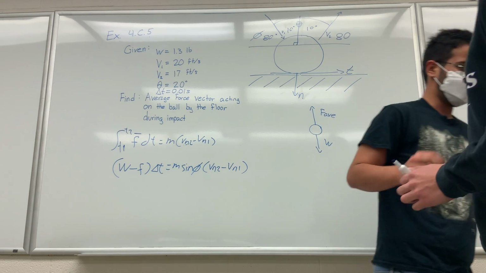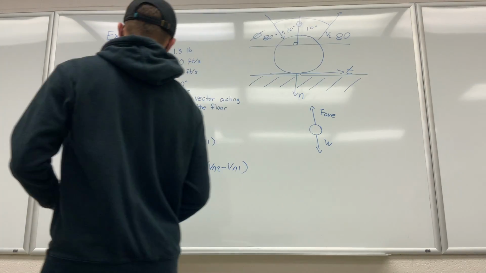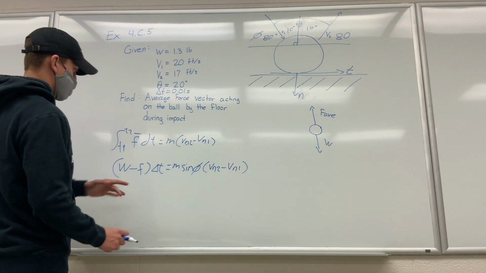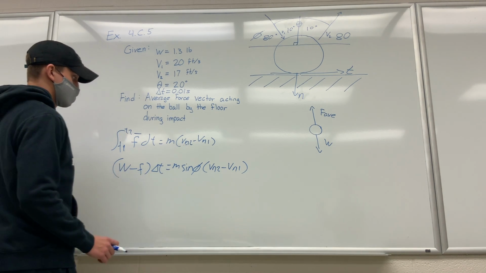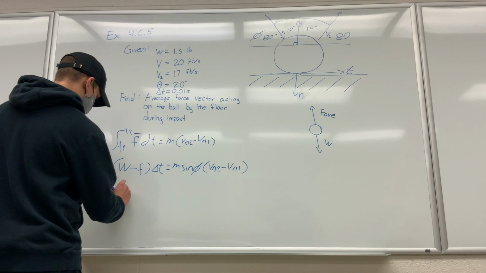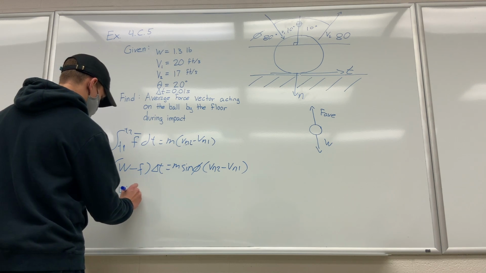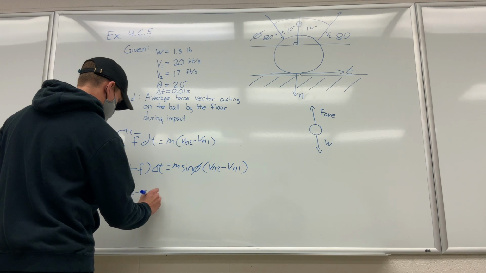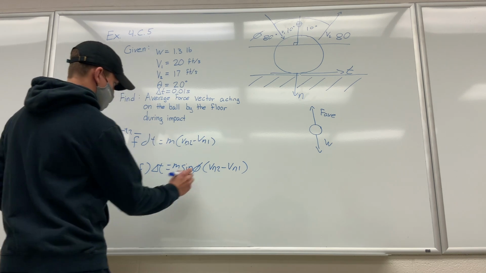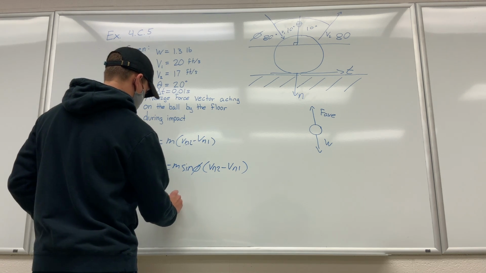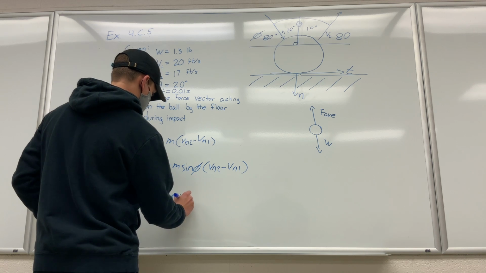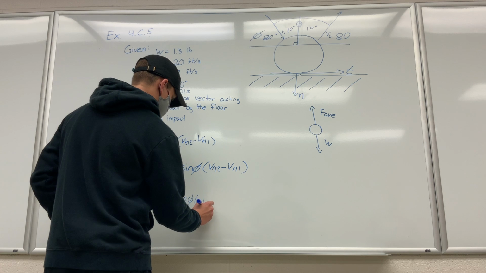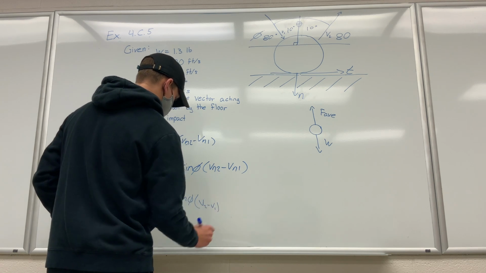All right, thank you. So we want to solve for this F average. First we're going to distribute this delta t to this left side of the equation. So we're going to have the weight delta t minus the F average delta t, and that's going to equal the same thing on this right side, the mass, sine of phi, times the two velocities minus each other, v2 minus v1.